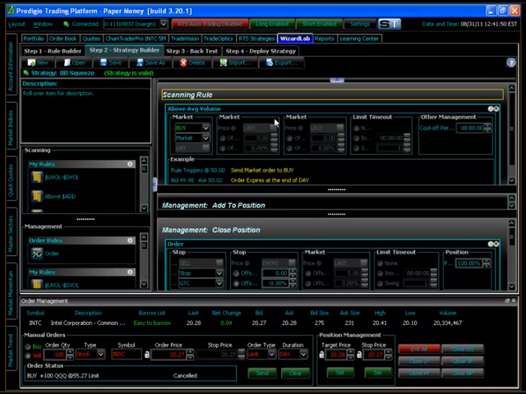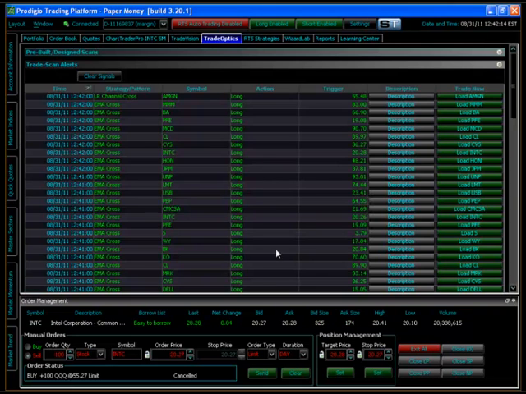You're creating a strategy, it hooks into that feed, runs on the server, and crunches the numbers much faster than the client machine I'm using right now could handle. It generates signals, and those signals for an automated trading system define the entries and exits. But what's probably more important is that you can just get the raw signal.